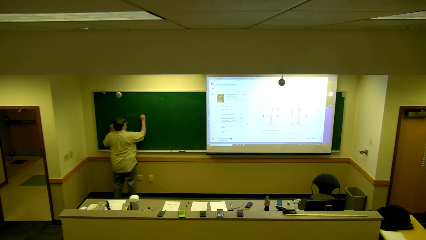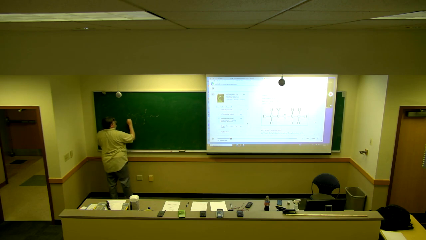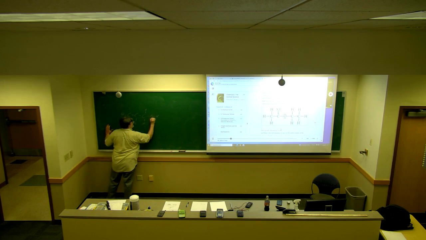So, let me just double bond there. Nitrogen. And we don't need the pairs, but if I wanted to put in the electron pairs, that's where they'd be.